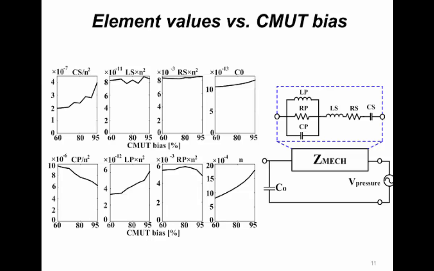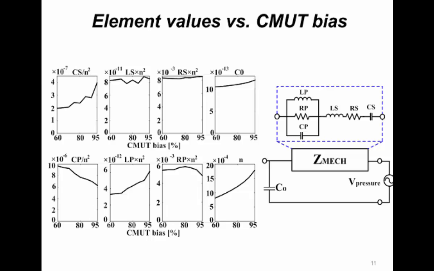Here we show the tendency of the element difference based on the bias change. To get a physical meaning of each element, we converted electrical domain impedance to the mechanical domain impedance by using the transform ratio.